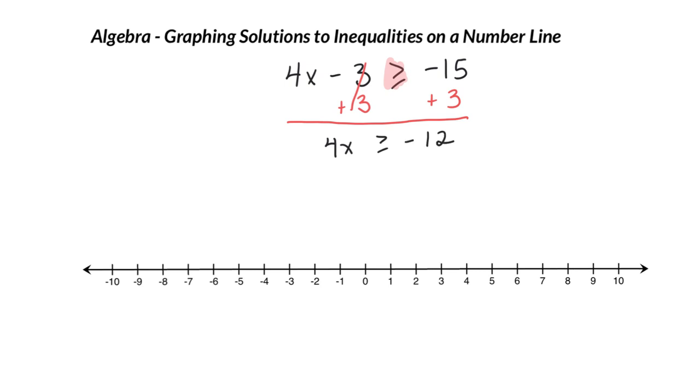Then we're going to divide both sides by 4. And we'll have x is greater than or equal to negative 3.